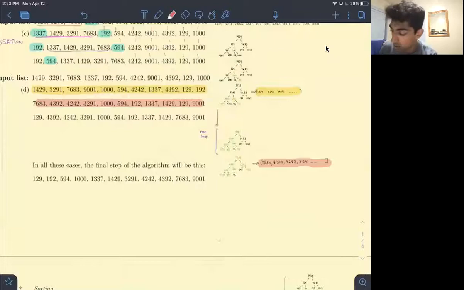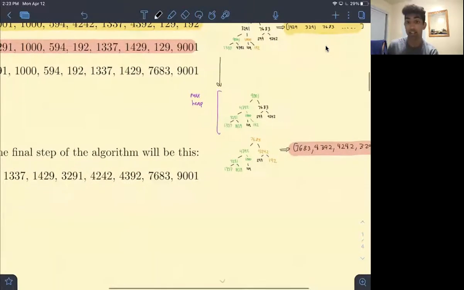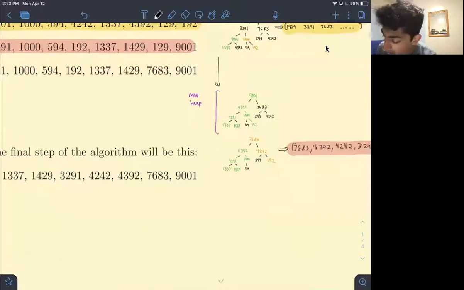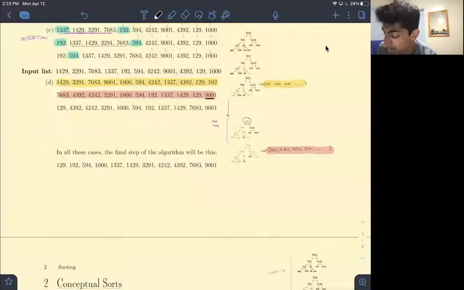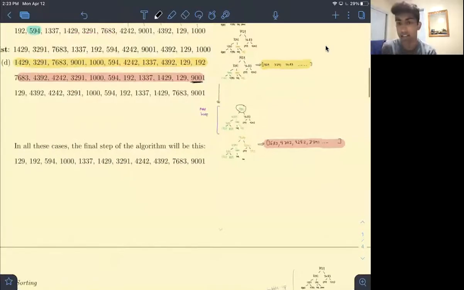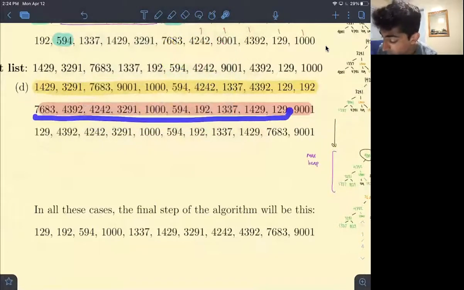And there's one small thing here: this heap has one less element than the previous heap because we removed 9001. So you may be looking at this array and saying that 9001 isn't the last element of this heap. Well, it isn't the last element of the heap because at this point in the algorithm, after we perform one remove max operation, our heap only contains these elements right here.